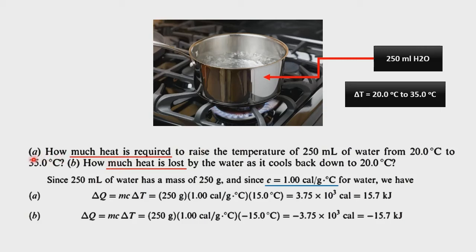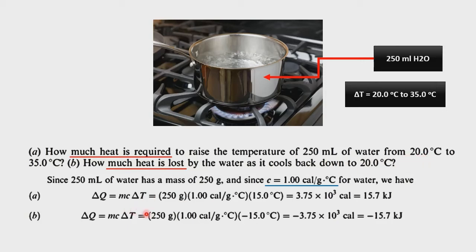The letter A question is asking for the heat. So what will be the heat requirement if we raise this amount of water, 250 ml, to 35 degrees centigrade from 20 degrees Celsius?